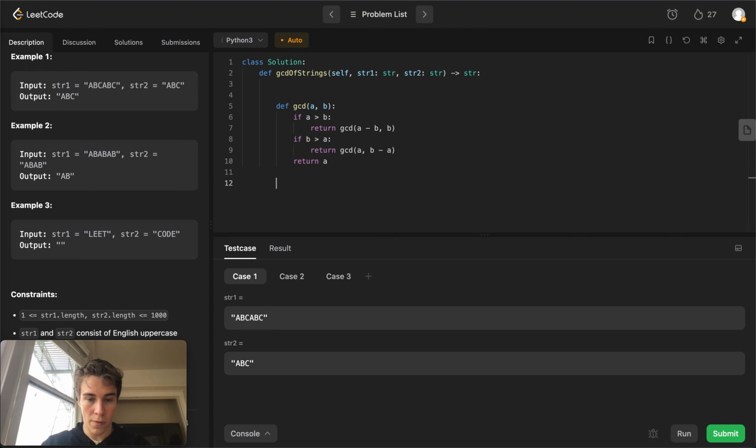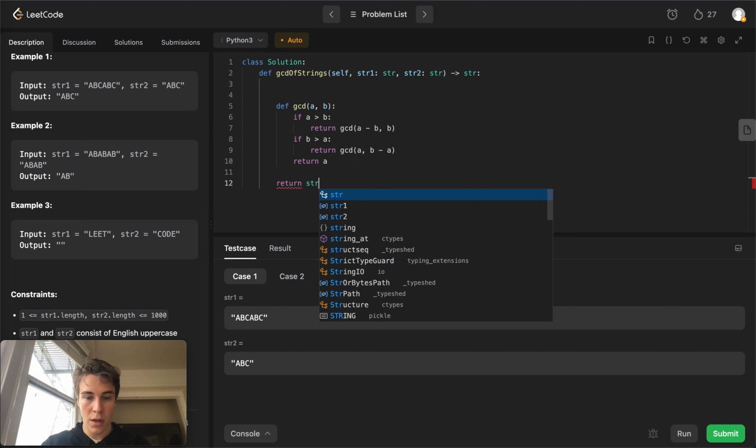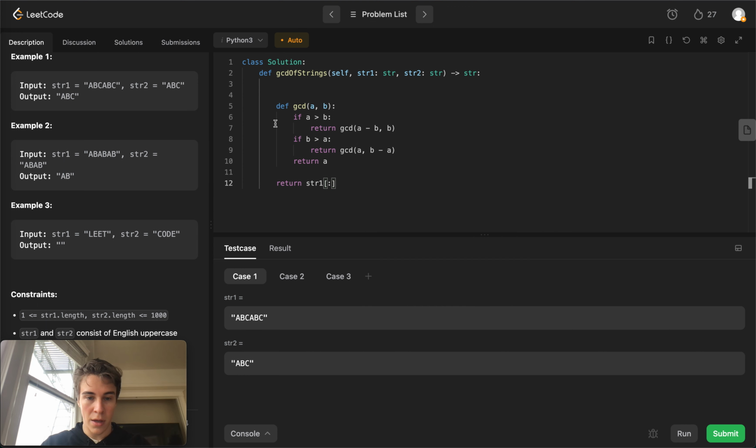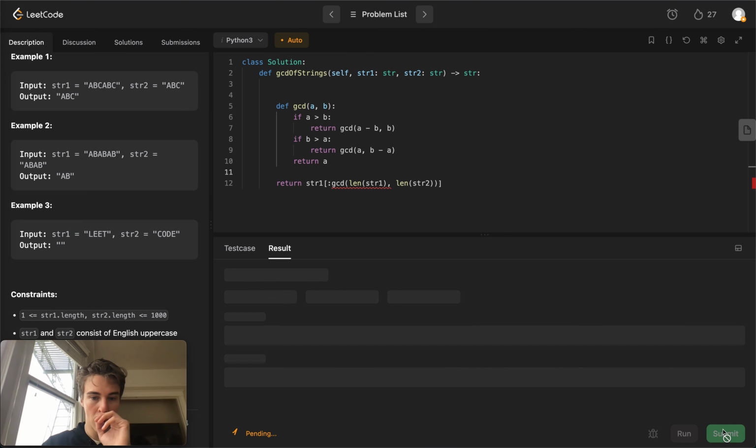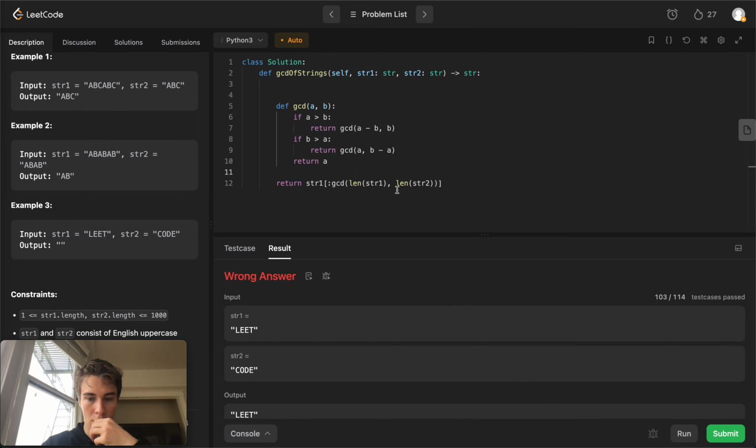Okay, for the first part, I'm thinking that we have a str1 and the length of our response is going to be the GCD of len of str1 and len of str2. Let's see if this works.